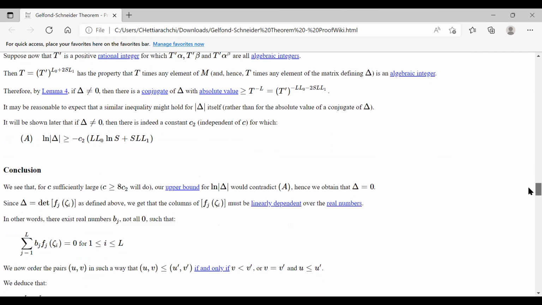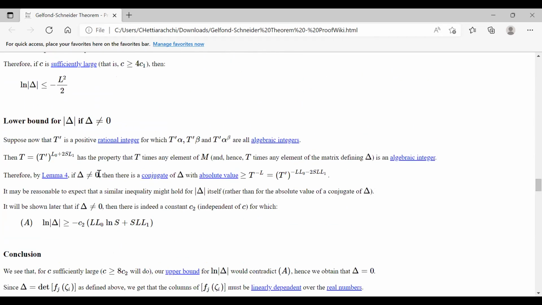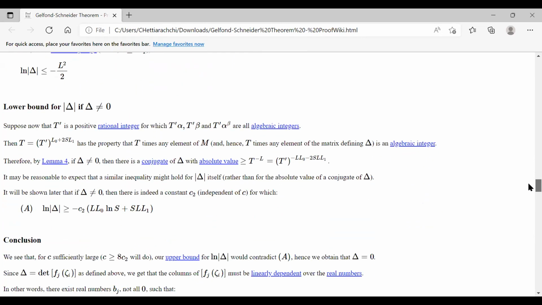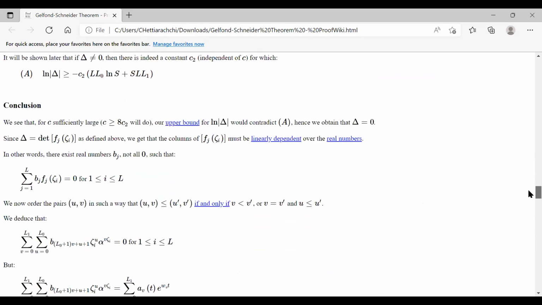Now, the conclusion, we are pretty close. All you have to do is establish this inequality. Now, if you suppose both inequalities are true, then we are going to get a contradiction.